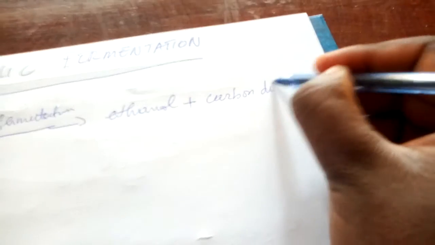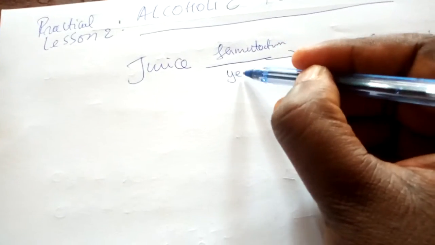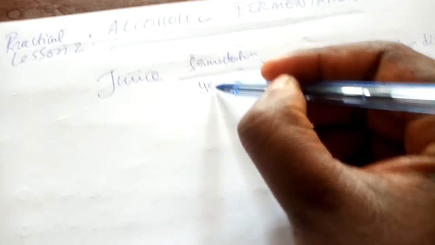In the fermentation, we can have ethanol and carbon dioxide. In this case, you know that when we have juice, to make a fermentation, there is the involvement of yeast.